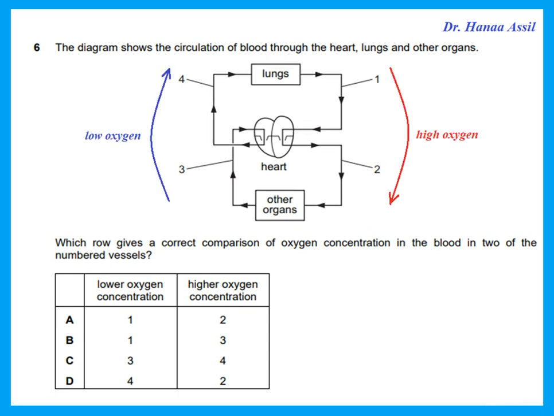You should realize that 3 and 4 are carrying blood to the lungs, and this blood is low in oxygen, while the blood vessels bringing blood from the lungs will have a high concentration of oxygen. So which one is my answer? The 4 has low and 2 has higher oxygen concentration.